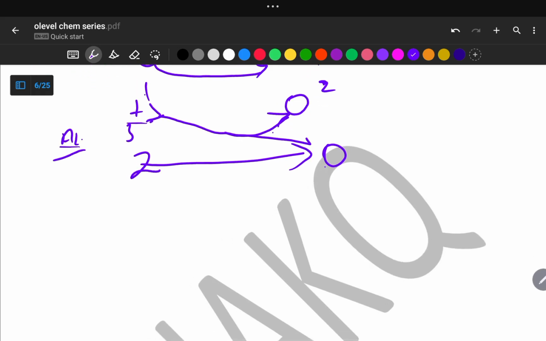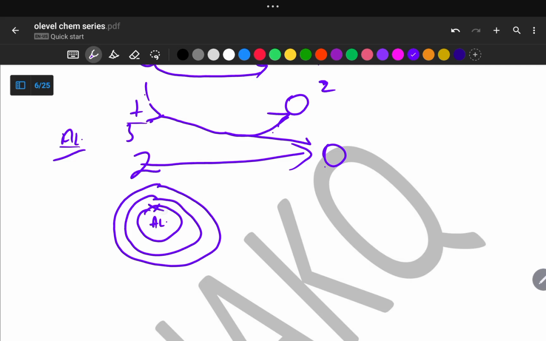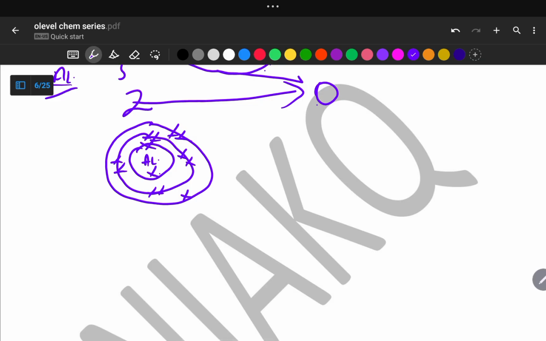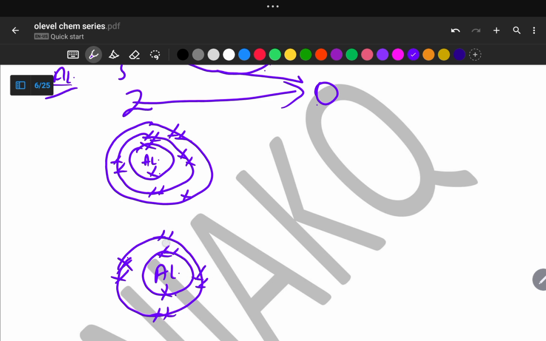So we're going to say aluminium. We'll draw the electronic configuration in the form of diagrams. So it's aluminium, and then we're going to have another shell, and then another shell, and then we use the crosses, right? And then 3, and then we draw another aluminium. Are we together? And then we draw again another aluminium.